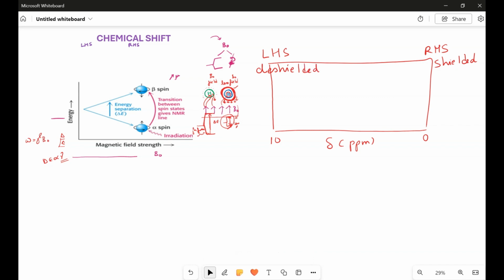Shielded means you have more electrons surrounding the proton, and here you have fewer electrons. Shielded protons have a low delta value, and de-shielded protons have a high delta value.